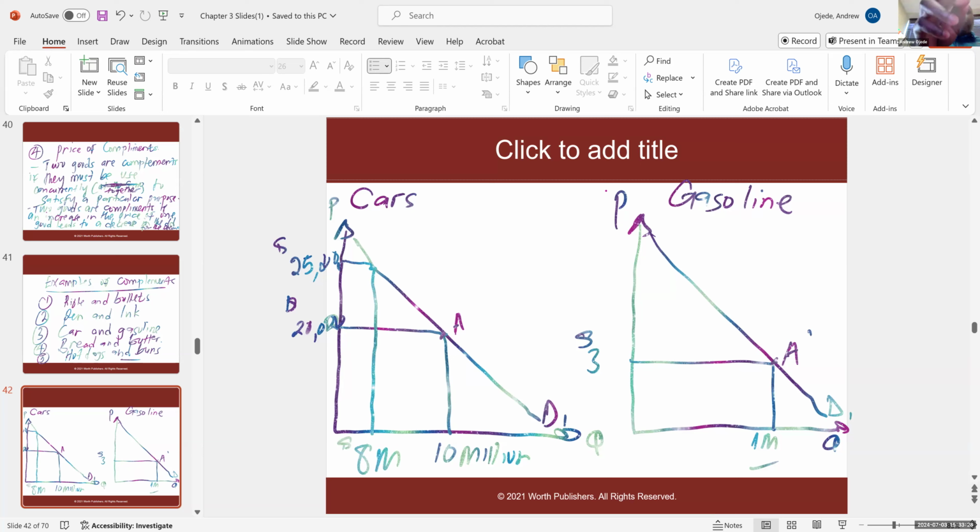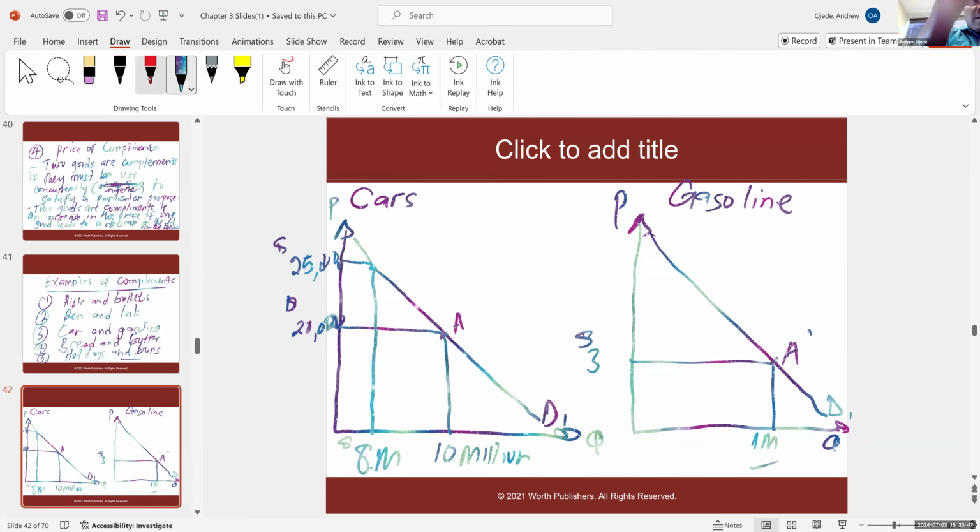Now, because fewer vehicles are on the road, less quantity of gasoline will be demanded. So an increase in the price of cars that led to a decrease in the number of cars being driven is going to shift the demand for gasoline to the left. That's right. Since fewer people can now afford cars, fewer gallons of gasoline will be demanded.